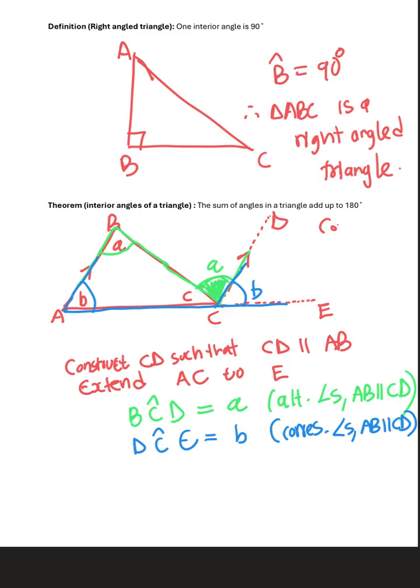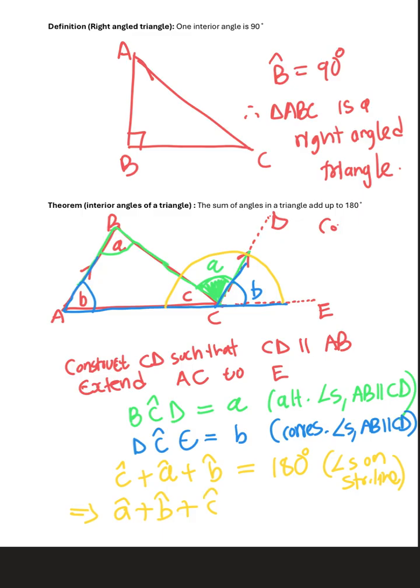Then after that, we now have these angles. We have angle C plus A plus B. When we add all of them, we get what? 180. Reason, angles on a straight line. Now, if we write them in order, we're gonna have angle A plus angle B plus angle C is equal to 180.